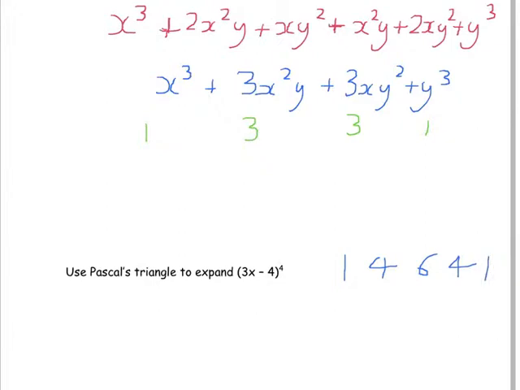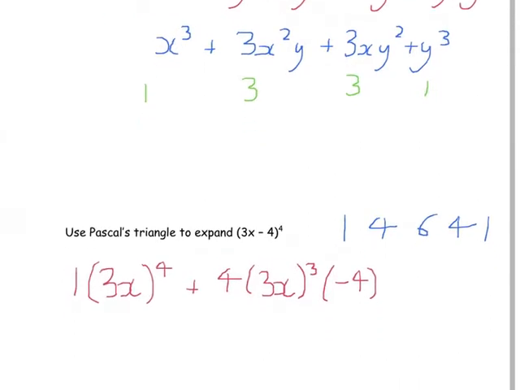And if we use them, we're going to have the (3x) to the power of 4 multiplied by 1, plus 4 times (3x) to the power of 3 this time, because you've gone down a power like in the one above, but this time the other one starts to appear, so we're going to have the minus 4.